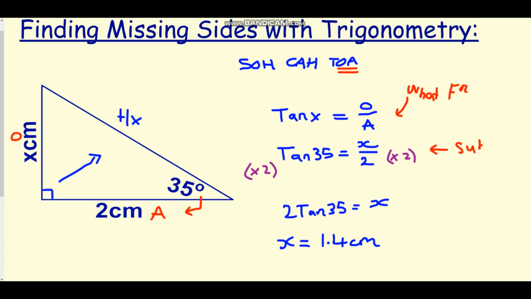What information do we have from the diagram that we can put into our equation? Third step, rearrange your equation so that x is the subject. And then finally, by getting your answer, you've completed this question. So I'll just put calculate because you have to use a calculator.